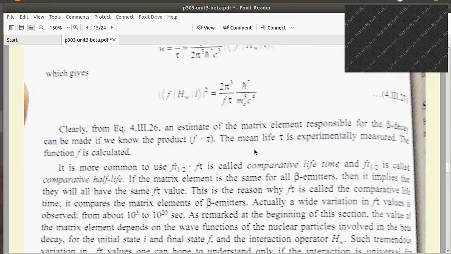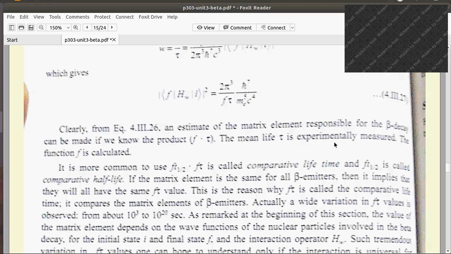So an estimate of the matrix element responsible for beta decay can be made if we know f times tau, because all the other components are known to us. h is Planck's constant, m_e is the mass of the electron, c is the speed of light, and 2 pi is 2 pi. So all of this is known. Only if we know f times tau, then we can find the matrix element.